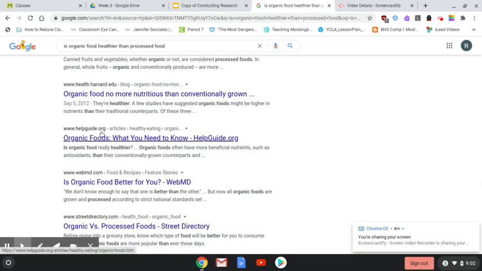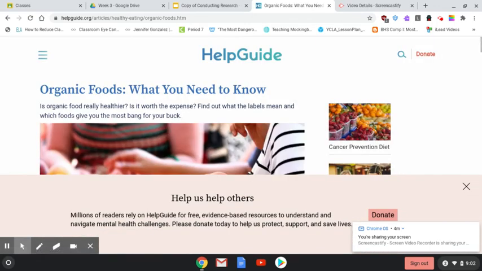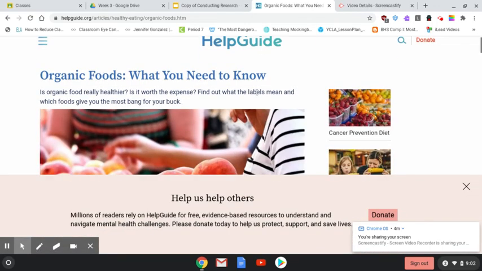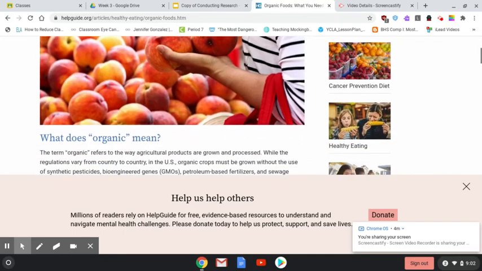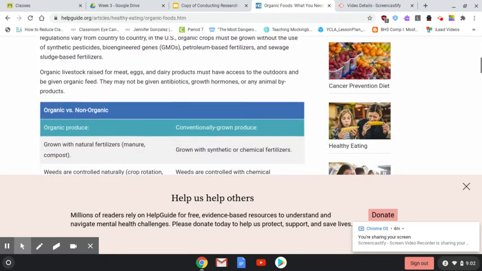Helpguide.org. Anything can be asked at the helpguide.org. So maybe it's good information, probably not. So let's click on this just to see. Again, it's Help Guide. So I think I could come to Help Guide and ask any kind of information.